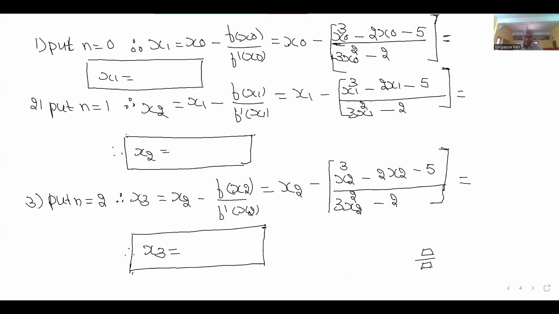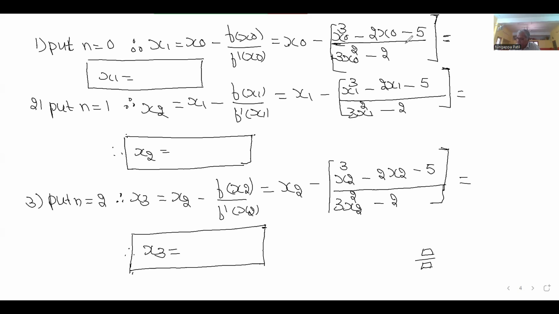Then, please look here. This is answer: x0 cube means answer cube, minus 2 and answer, and minus 5.